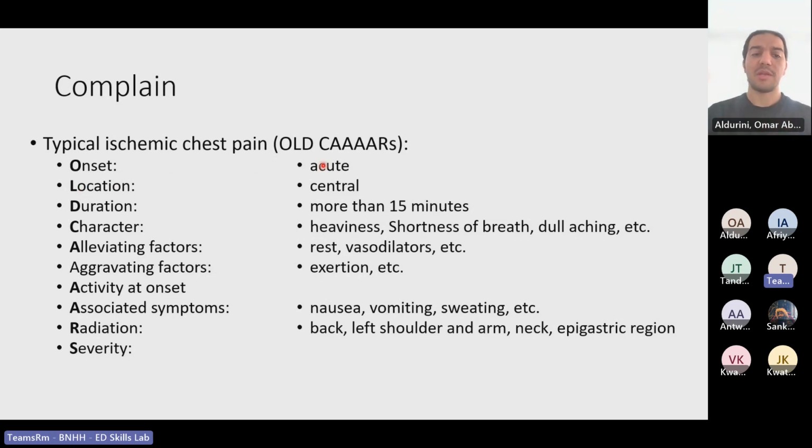But let's say this is not all of the cases. In some cases the pain can start at rest as well, especially if the patient has multiple risk factors, like ischemic heart disease, hypertension, diabetes, and especially if he had heart attacks before, or he's prone to bad coronary status.